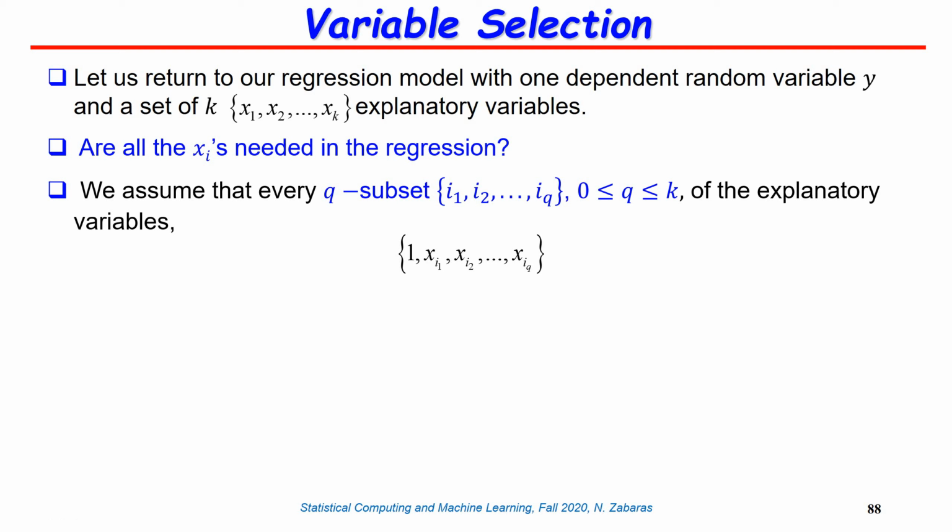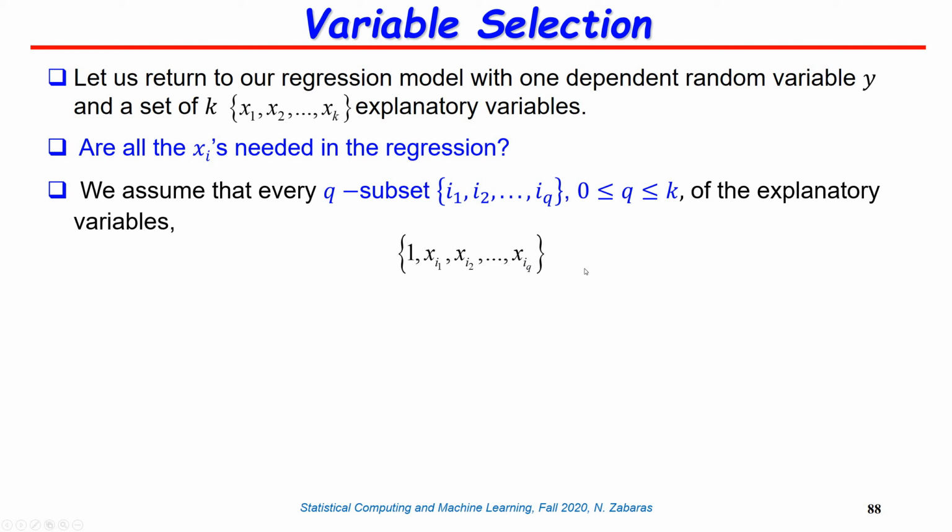So when I define a subset of the explanatory variables in my new regression model, I will always keep the bias term, right? So my total number of variables, if you include this dummy input variable, will be of the order of Q plus 1.